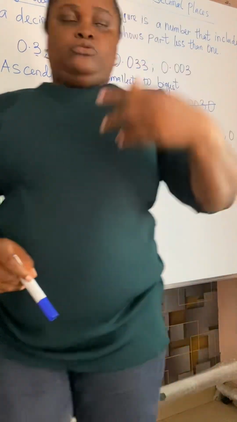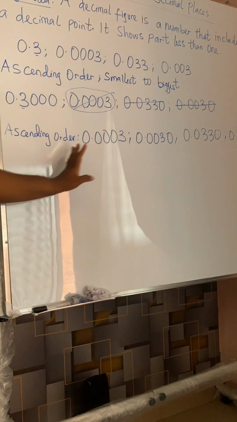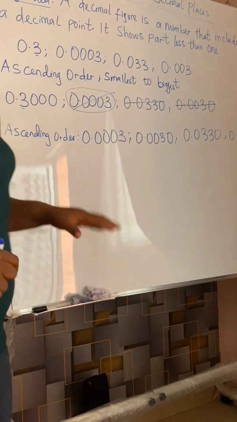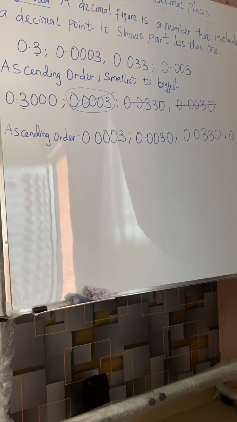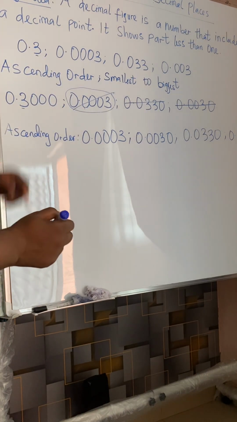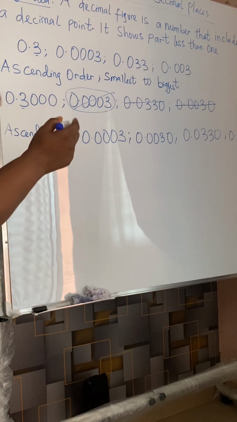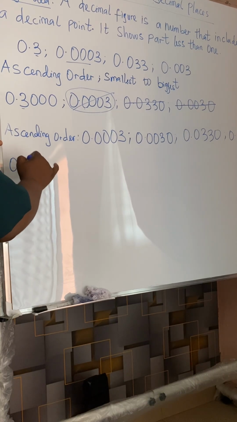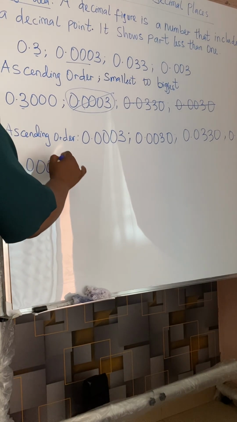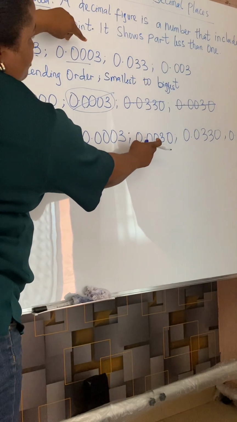So let's come back to the question. Remember, here they did not increase the decimal places. So let's come back to what we have previously. This number here, if I want to take it back to how I saw it, this is the smallest, of course. So this is 0.0003. This is this number. Then we picked this one afterwards.